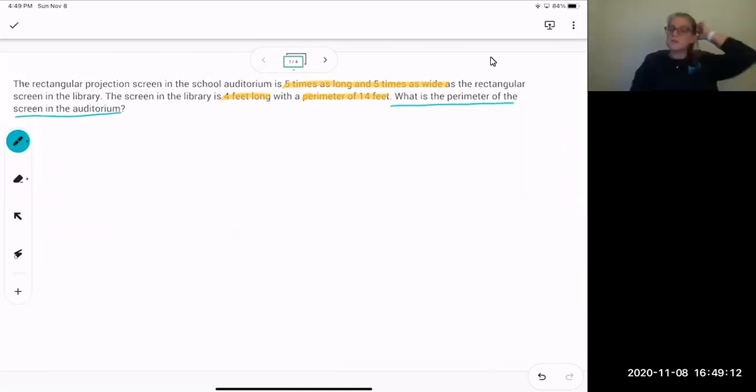Okay, so the first thing we need to figure out is what the width of the screen in the library is. So let's draw, because we know we can draw a picture. Draw a picture, pause the video, and draw a picture of what you think the screen in the library is going to look like.